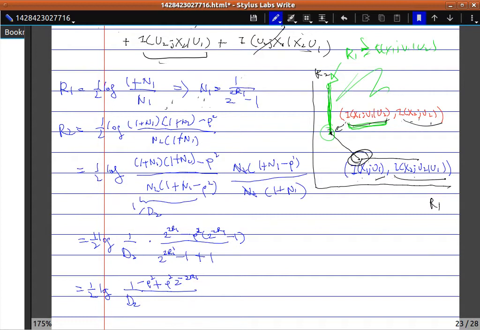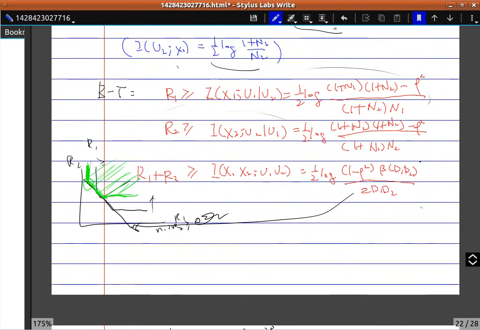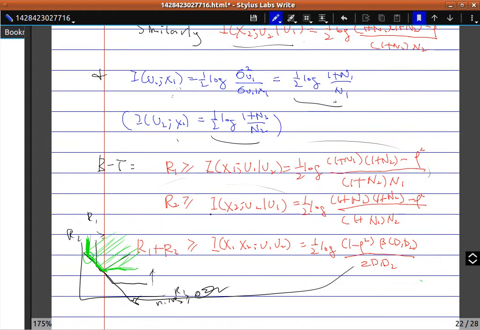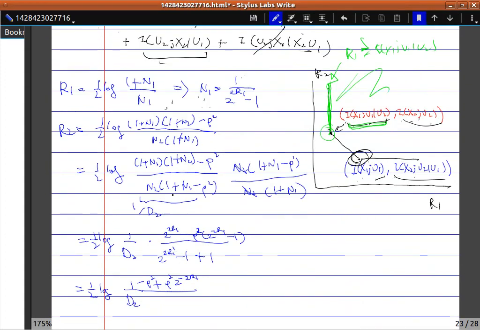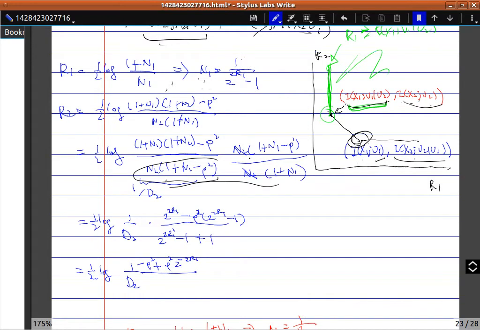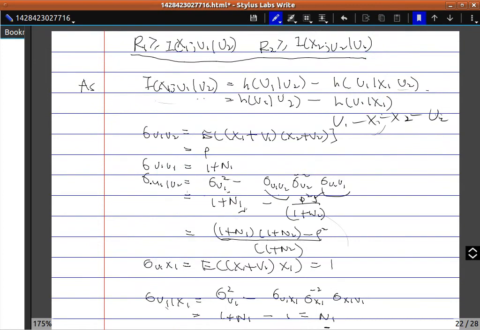And u2 is equal to this, and we also computed this one in terms of m1 and n2, so we just copy it here, and we can write this as something like this. Basically just multiply n2 times 1 plus m1 minus rho square to both the numerator and denominator. Then the first term here is just equal to 1 over d2.